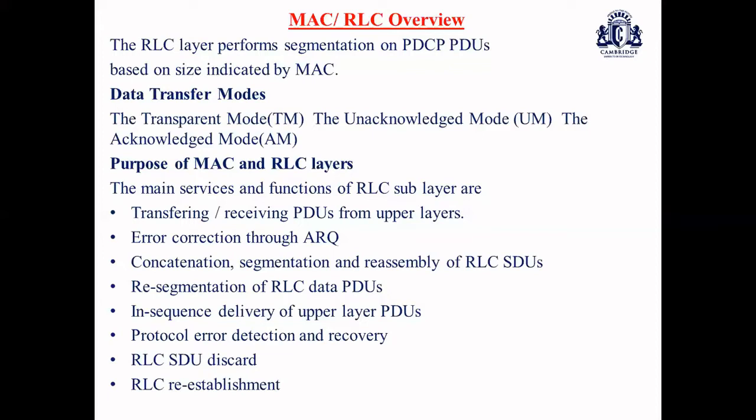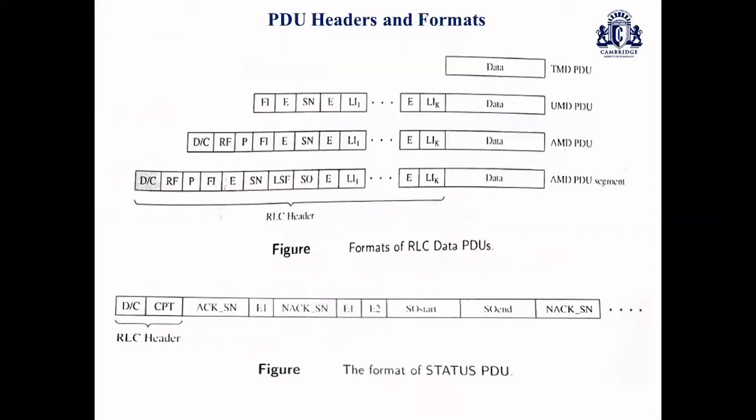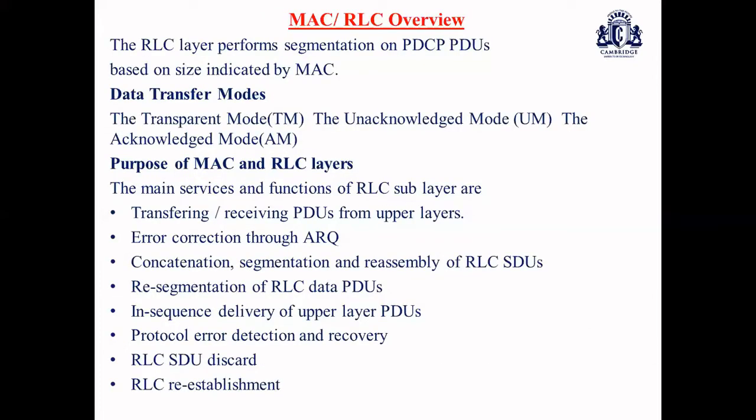The functions of the MAC sublayer are with respect to the layers of execution. Before we talk about the header, we should know the basic functions. These are some of the services. LTE defines two MAC entities, one with respect to the UE and one with respect to the eNodeB.